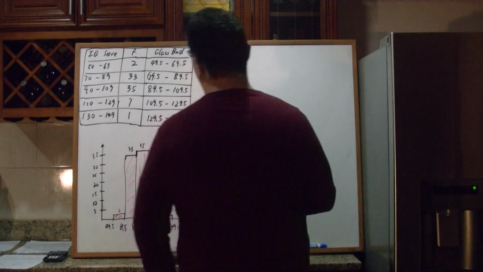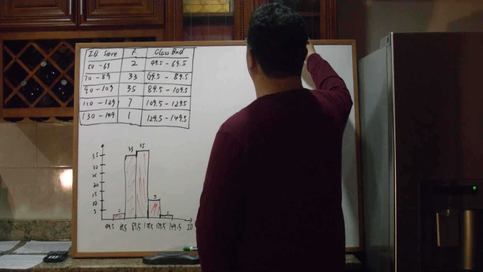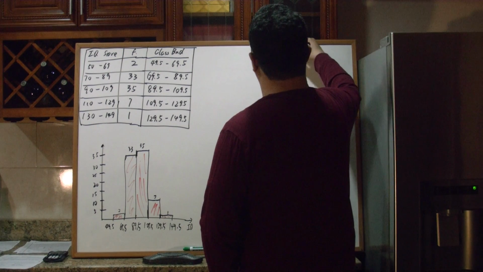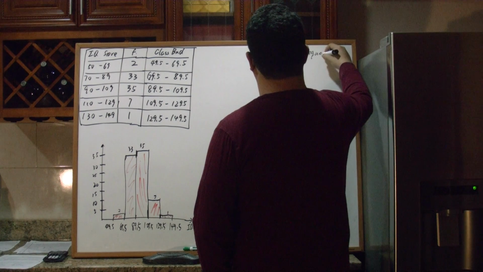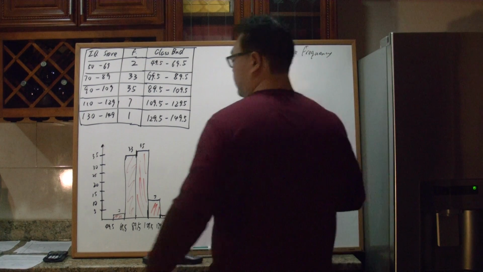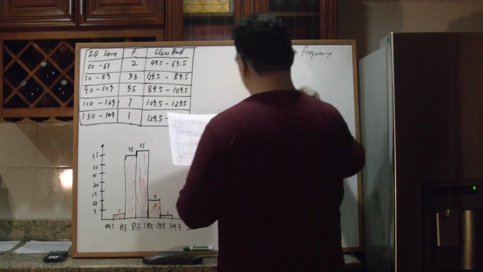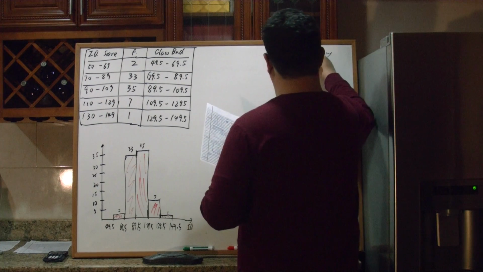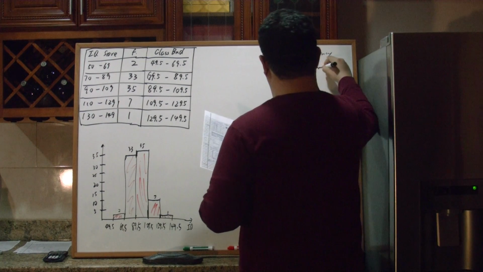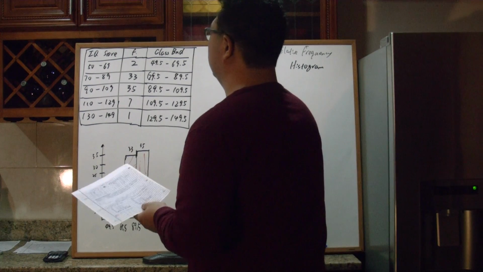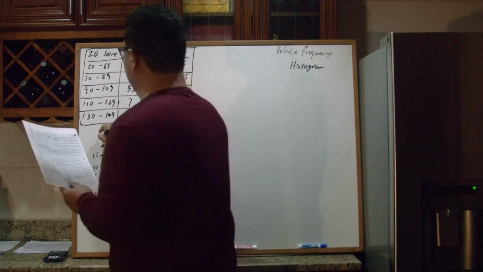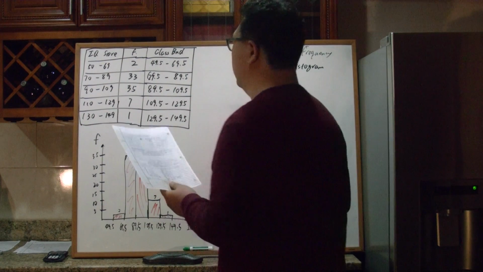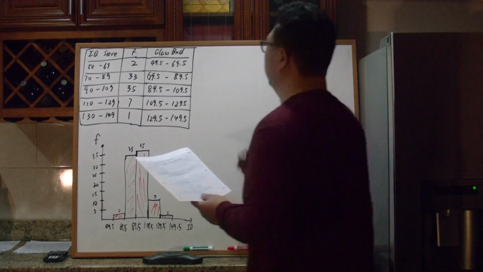And also there is another thing called the relative frequency histogram. It does not use the frequency as the vertical scale, but we use the relative frequency as the vertical scale.